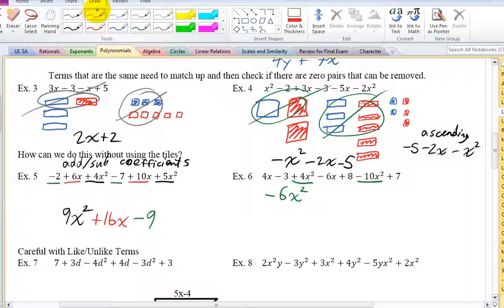How many x's? Negative 2. And how many 1 tiles? Plus 4. Wrong. Negative 3 plus 8 is 5. Plus 7? Plus 12. What's the order called? Degree 2, degree 1, degree 0?